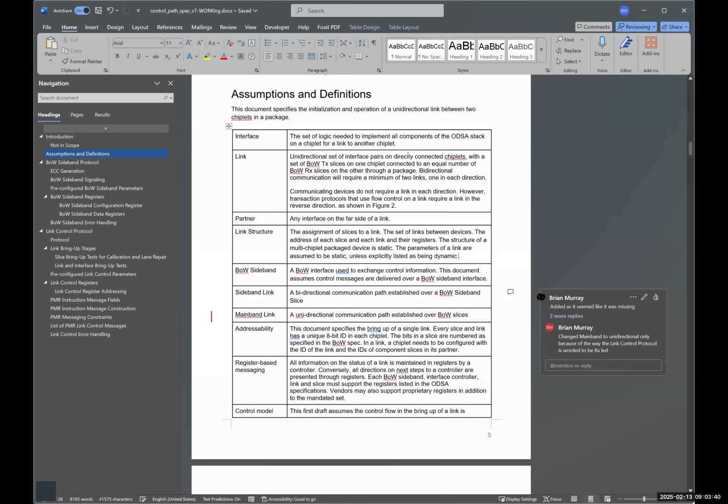It's physical, but you're just saying there's a certain number of slices in the link. No, I understand. I'm just saying this could be interpreted either the way you're defining it or the way I'm defining it, equally well. I'm not saying one is right or wrong. I'm just saying my reading of this is ambiguous.